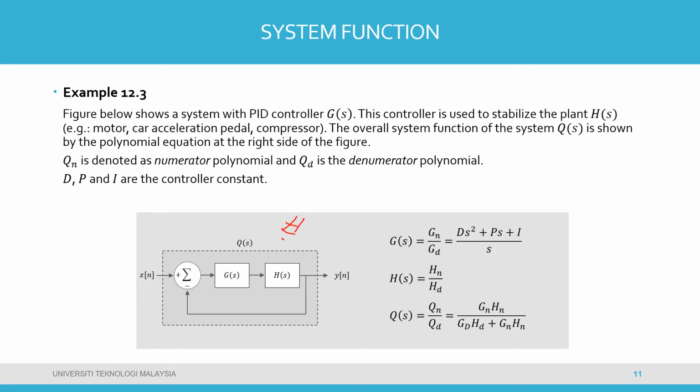So you have H. Usually H represents the system: motor, car acceleration pedal, compressor, anything. It is called a plant. Plant H. Plant is basically the thing that you want to control.